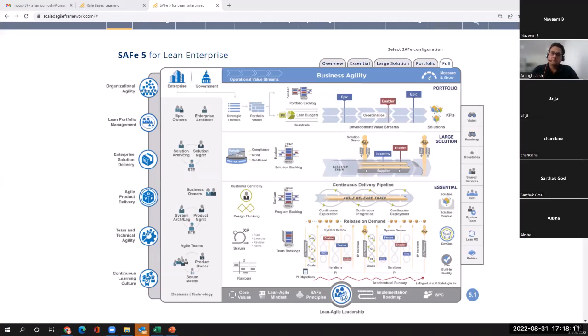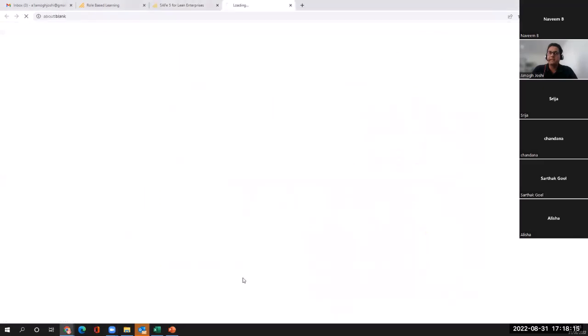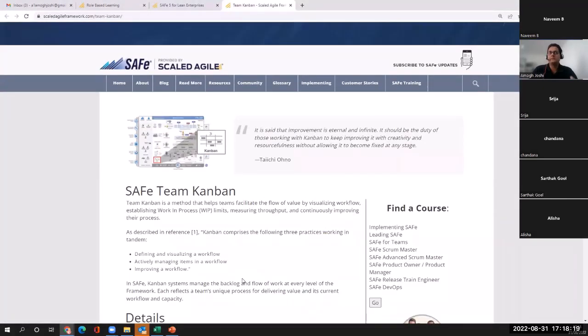If you click on Kanban, you can learn a little bit more about it as well. It is a method for visualizing the flow of work mostly, where we do not fix a time box within which we need to deliver a particular scope.